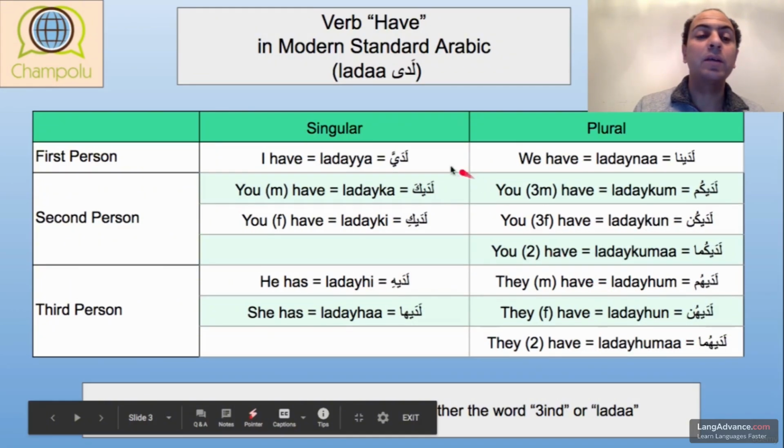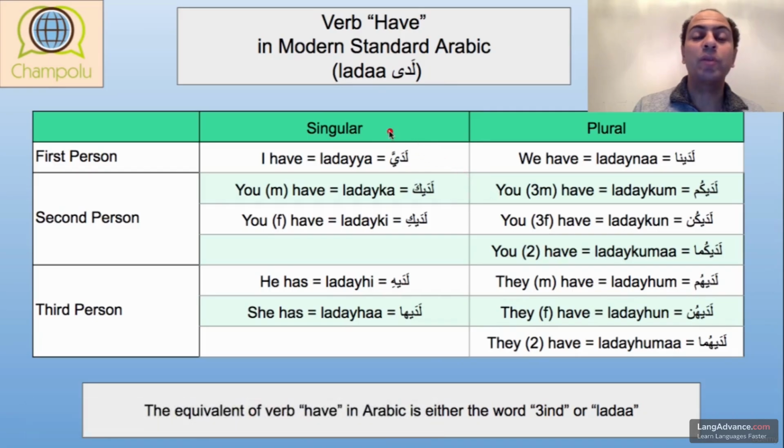And then for لدى, it has also a similar distribution. I have, لدي. You have, لديك. You have for female singular, لديك. He has, لديه.